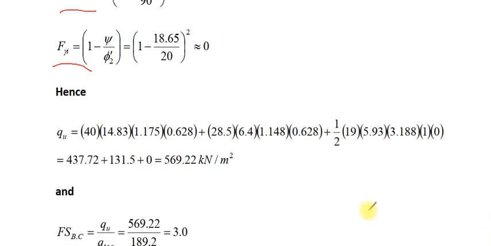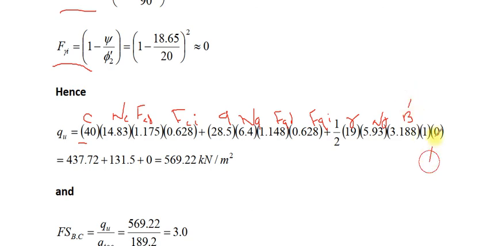Hence the ultimate bearing capacity will be c multiplied by N_c multiplied by the depth factor and the inclination factor, plus q multiplied by N_q multiplied by the depth factor and inclination factor in the second term, plus 1 over 2 gamma multiplied by N_gamma multiplied by B dash multiplied by its factors.